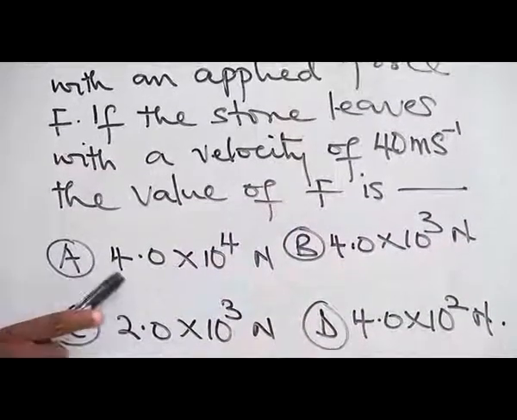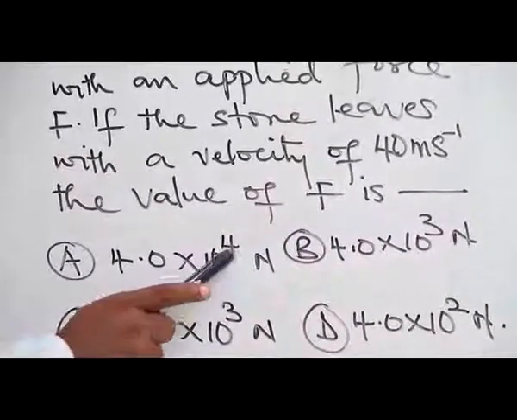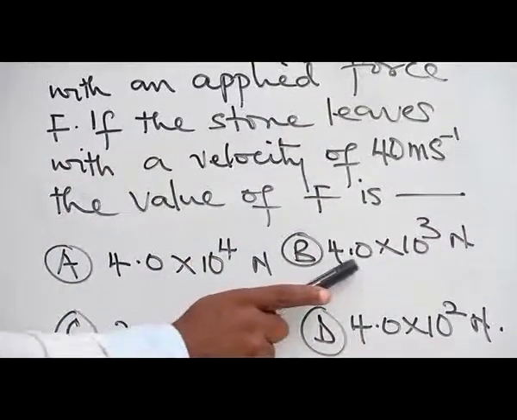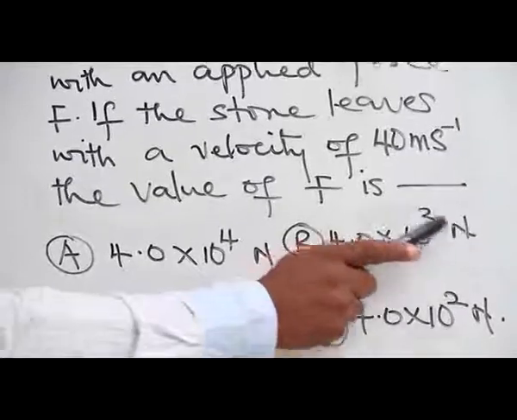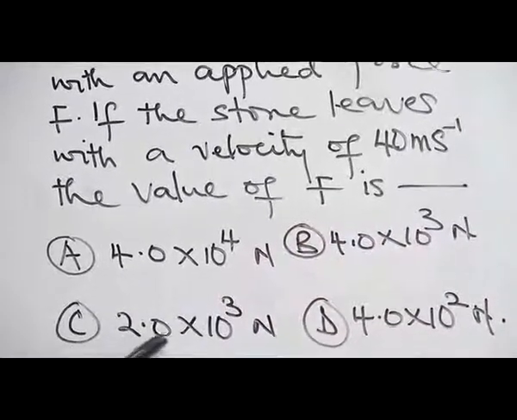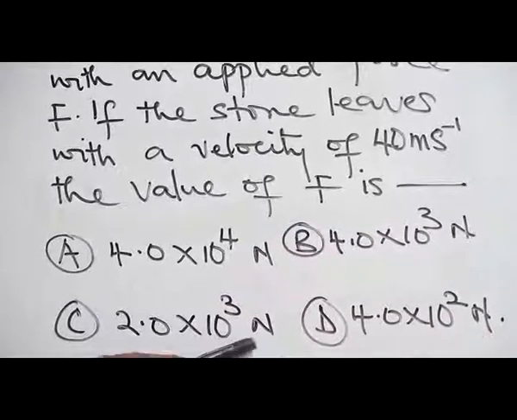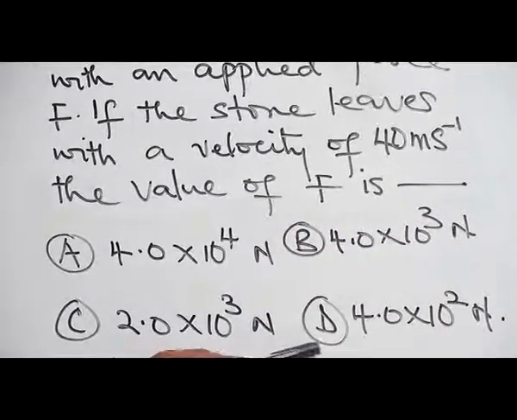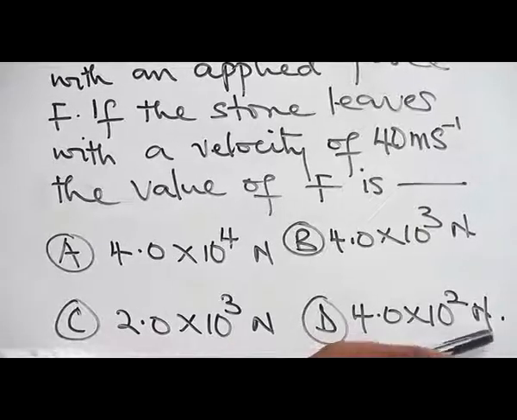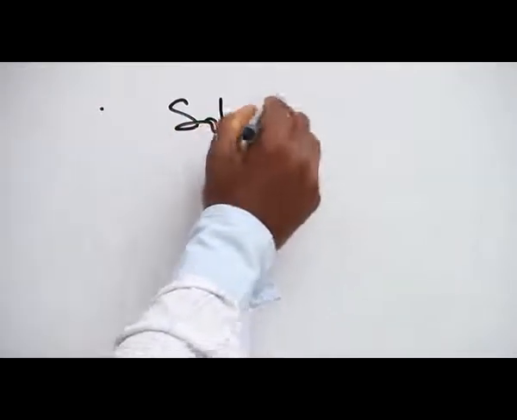Option A, 4.0 times 10 raised to power 4 newtons. B, 4.0 times 10 raised to power 3 newtons. C, 2.0 times 10 raised to power 3 newtons. And option D, 4.0 times 10 raised to power 2 newtons. The solution to this problem is as follows.